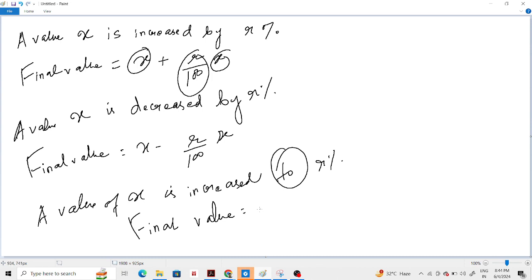It is only r% of x, right? Okay, sir. That is increased to, it is not increased by. By means either plus or minus. When it is said increased to, it means directly to that value.